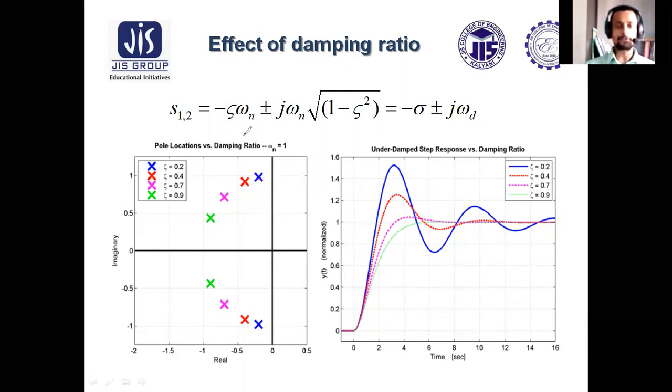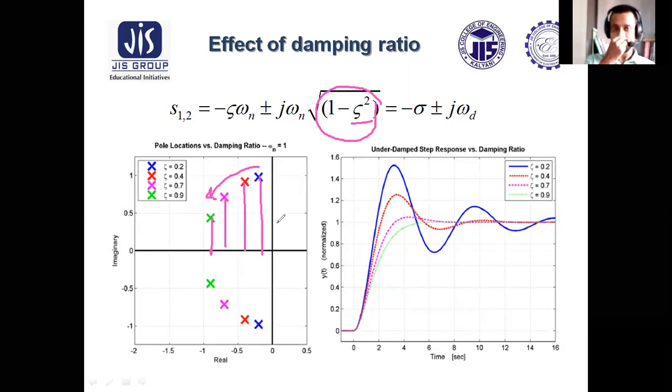Now, if zeta increases, what will happen? This is zeta. If zeta increases, then this term will decrease. If this term decreases, then the imaginary part will decrease. So if the zeta value is increasing, zeta is increasing in this direction. This is for 0.2, 0.4, 0.7, 0.9. As zeta increases, this imaginary part will be decreasing.